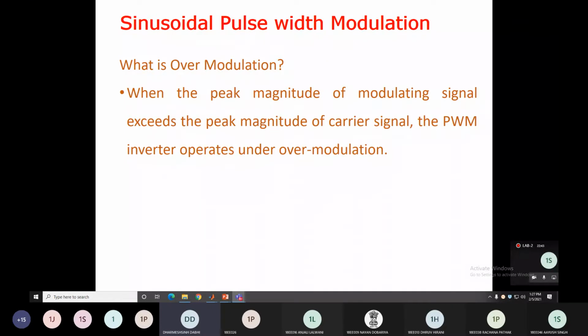And in that case, your output voltage increases, but the harmonic content also increases. So never operate your inverter in the overmodulation case. Always keep the peak magnitude of the reference signal or modulating signal less than the peak magnitude of the carrier signal. Clear?